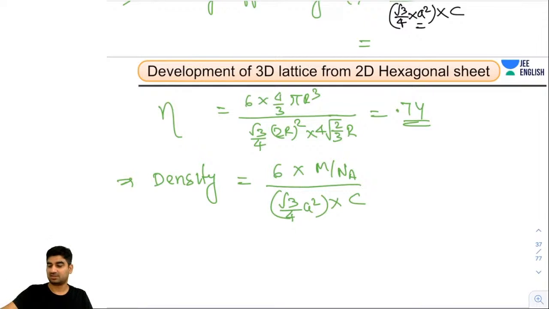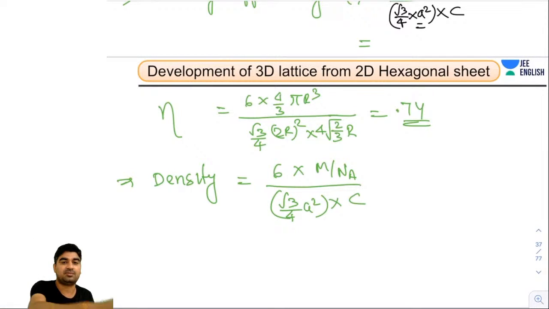Any doubt? Please tell me. So now you can calculate the density, you can calculate the efficiency, you know the coordination number for hexagonal, you know how hexagonal is formed. It is formed by AB type layering.